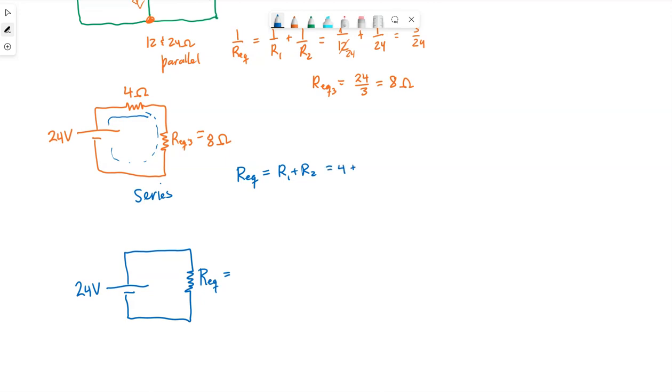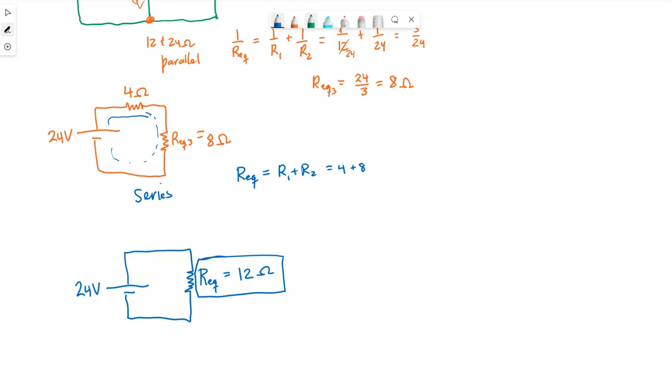So 4 plus 8 is our 12 ohms. So the way those resistors were all connected in the original circuit is equivalent to having one resistor with a resistance of 12 ohms.